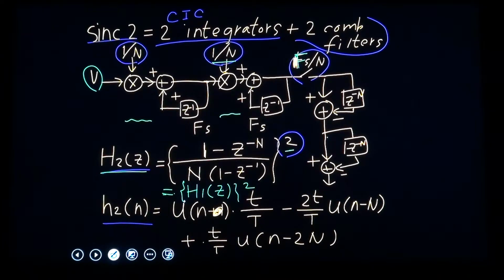So the impulse response can be represented by a triangular form, something like that. From 0 to n, and then the peak value will be 1 over n. The area should be 1, right? This is the impulse response of this second order sinc function.